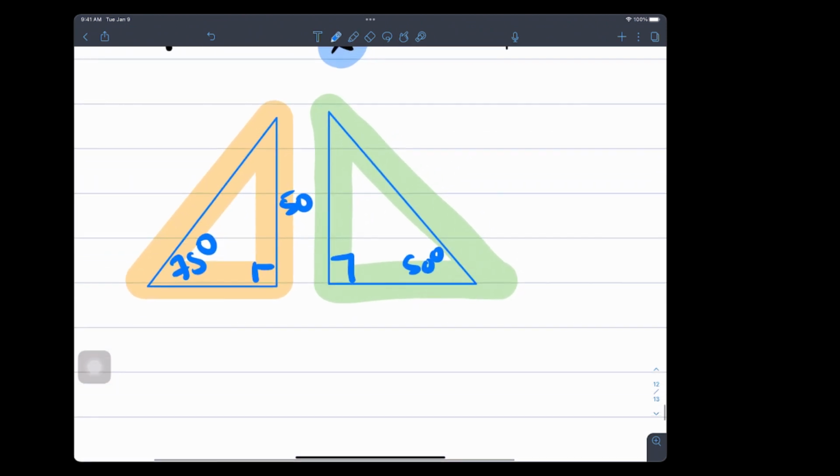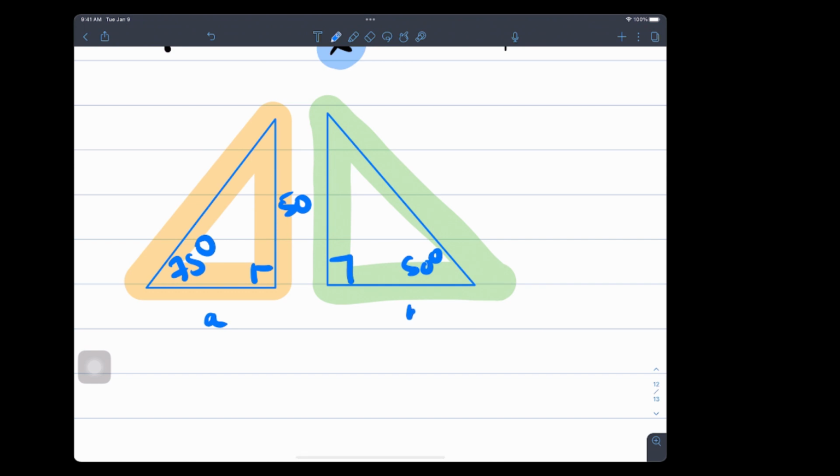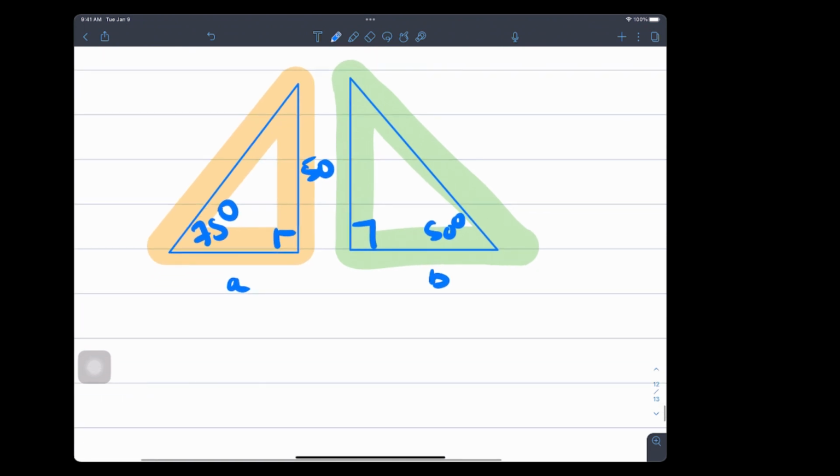Now, what sides are over here? This is going to be A, and this is B. Okay, so far so good. So why did I do this, ladies and gentlemen? Do you guys know?